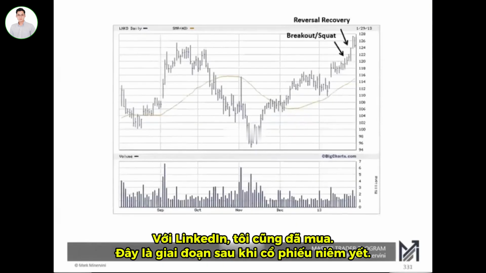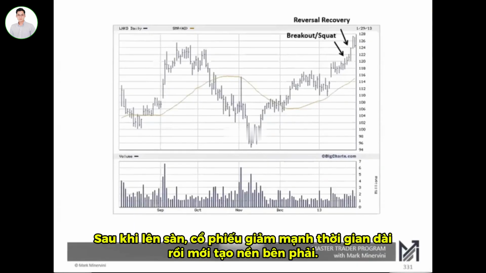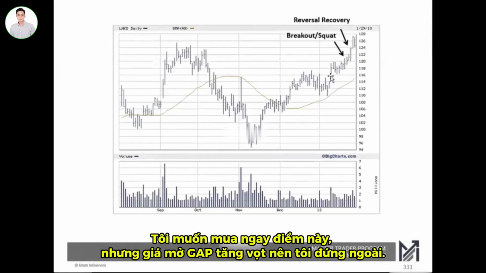So LinkedIn, I did buy LinkedIn coming. This was after it had gone public. And we actually showed this in the IPO, in the primary base section, where it went public, and then it had a big decline for a number of years, and then finally it set up on the right side, and this is what it looked like zooming up on it. I wanted to buy it. I was looking to buy it coming right out here, but it came on a gap, so I stayed away from it.